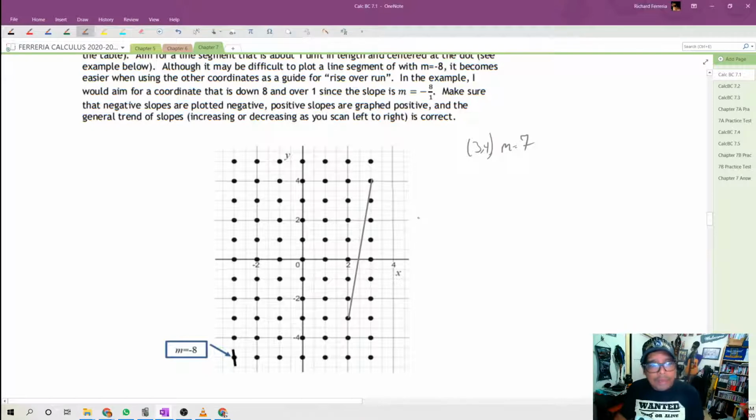So a coordinate with a slope of 7 is going to have a pitch that kind of looks like that. So I'll just go ahead and kind of trace along here about what that would look like. And you don't want to make these segments too big, just enough to fill about half the space in between there. So that looks like a slope of 7.